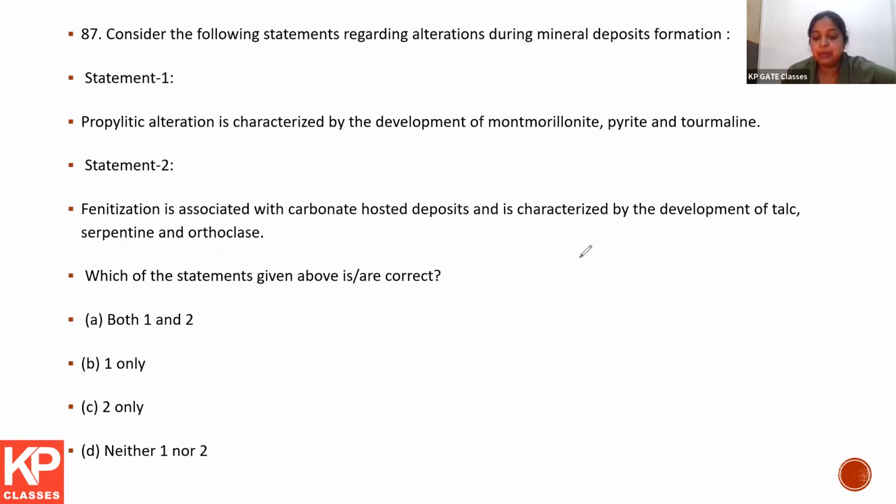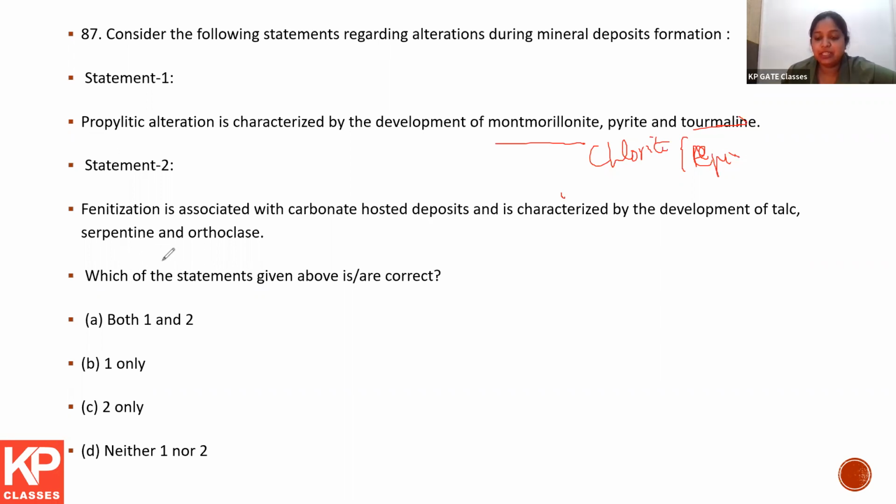Actually, propylitic alteration is characterized by minerals. Montmorillonite is one of the right options, but it does not have tourmaline. Actually, chlorite and epidote are also present. Chlorite and epidote are the other minerals present in the propylitic alteration.